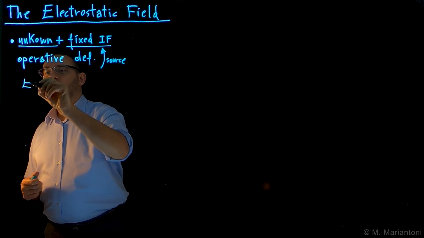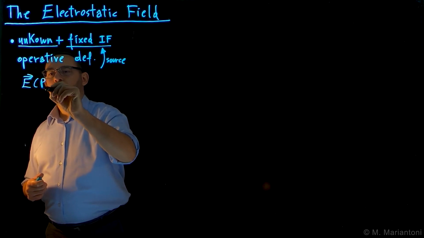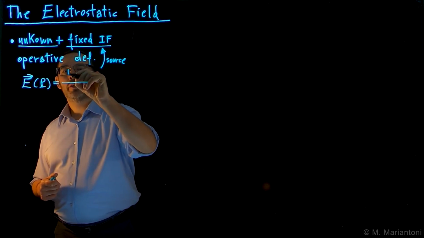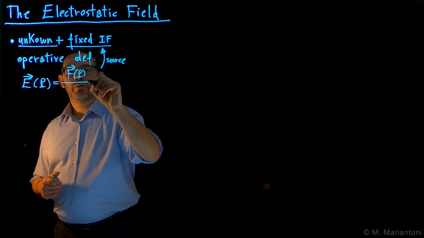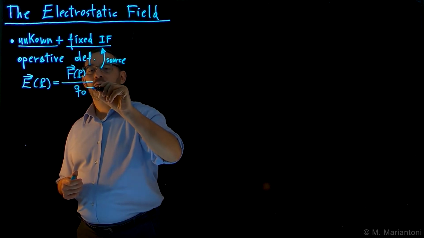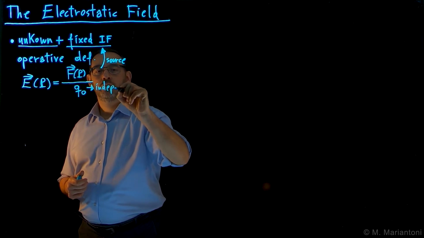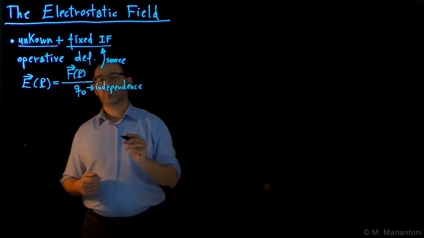Therefore, we can define operatively, that is empirically, the electrostatic field E at point capital P as the ratio between the force F due to Coulomb's law at capital P divided by the test charge Q naught, and so we have independence from the test charge. Okay, this is very important.